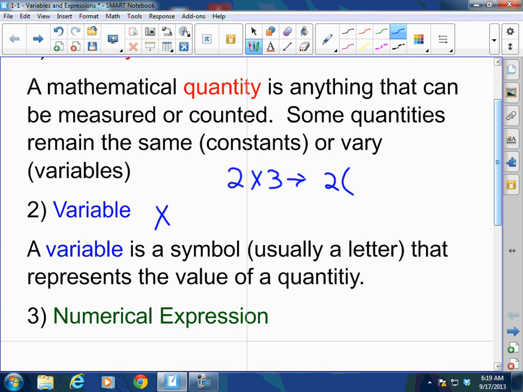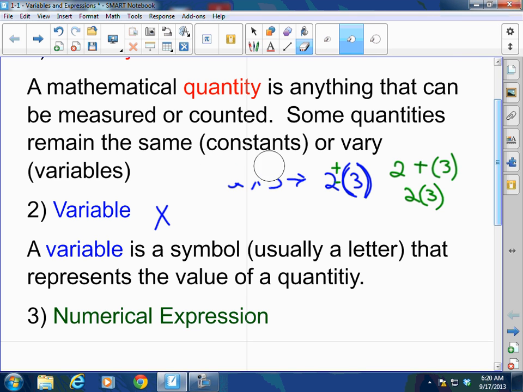Represent it as 2 times 3. Please remember that when a number is next to another number and it's surrounded by a parenthesis, that means multiplication. How do you know if it's being added or subtracted? There will be a plus or minus sign in between. So if I have 2 plus 3, that's adding. But if I have 2 times 3 there, there's no plus or minus in between, that's multiplication.